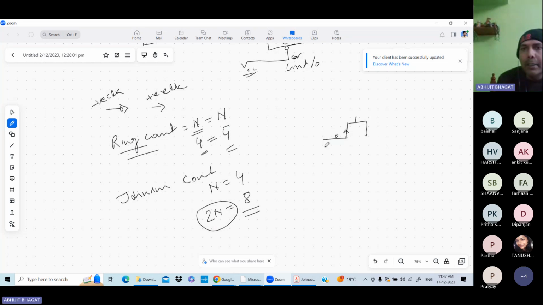So for the positive clock pulse, your value changes at this time, and for the negative clock pulse, the clock is like this. After that, this is 1, so the transition is from 1 to 0. So during the down transition, 1 to 0, for the negative clock pulse, this is the transition. This is for the negative clock pulse and this is for the positive clock pulse.